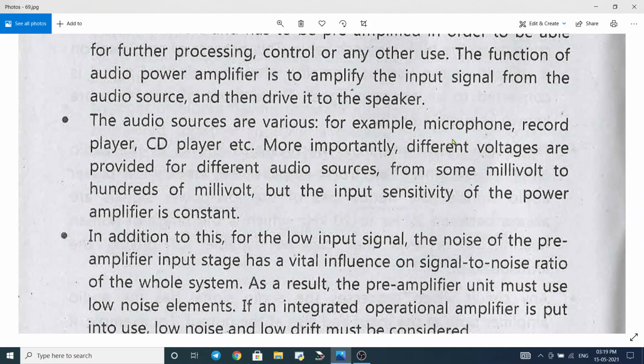The input device may be either a microphone, a record player or CD player. So to match the impedance, we will need the preamplifier.